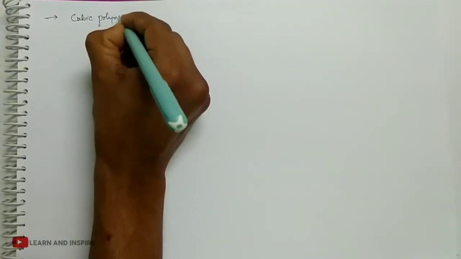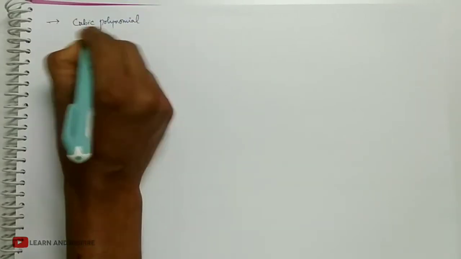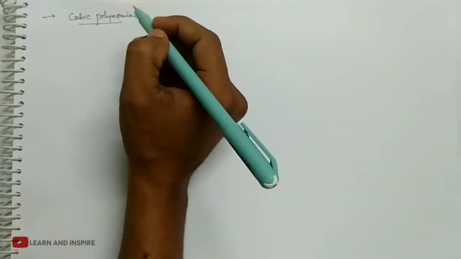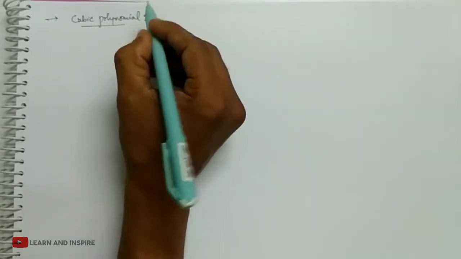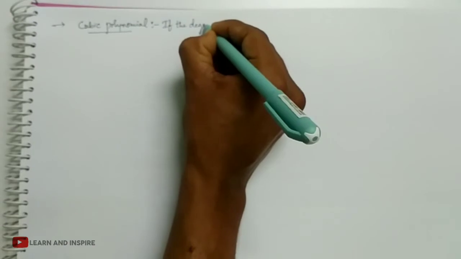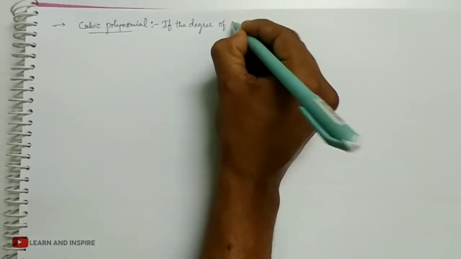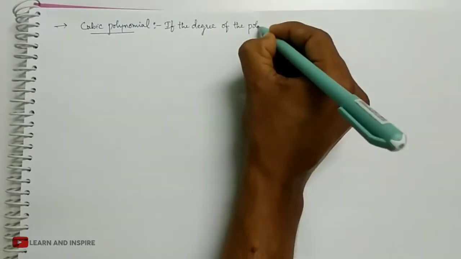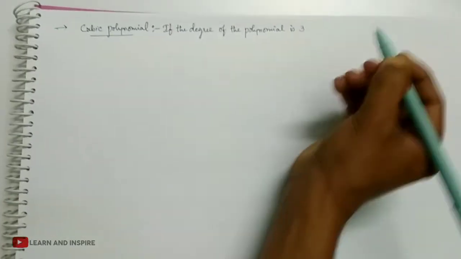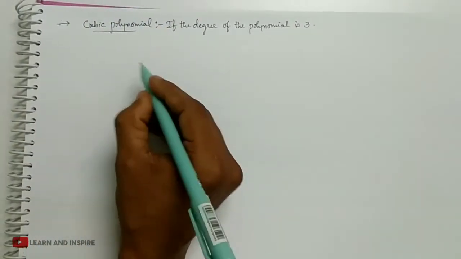Next one is cubic polynomial. A cubic polynomial is nothing but, in a given polynomial, if the degree of the polynomial is 3, then it is a cubic polynomial.